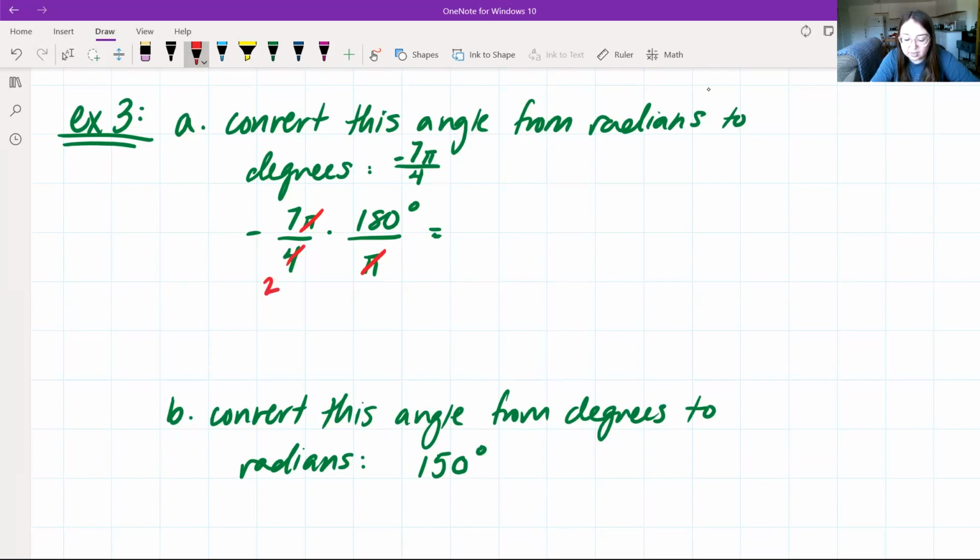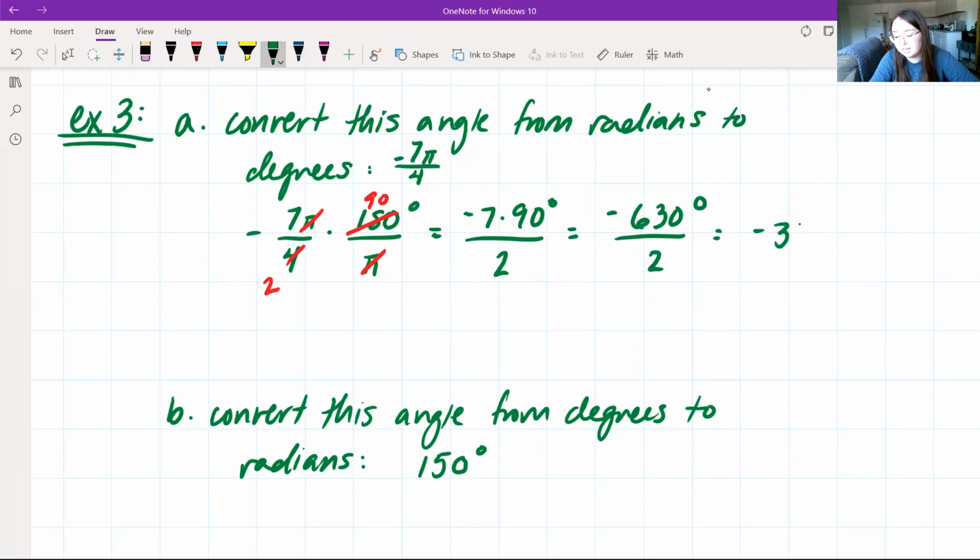We can divide each side by 2. So we can get 90 and 2. So now we'll end up with negative 7 times 90 divided by 2, where that's in degrees. And if we simplify this, we get negative 630 divided by 2, which simplifies to negative 315 degrees.